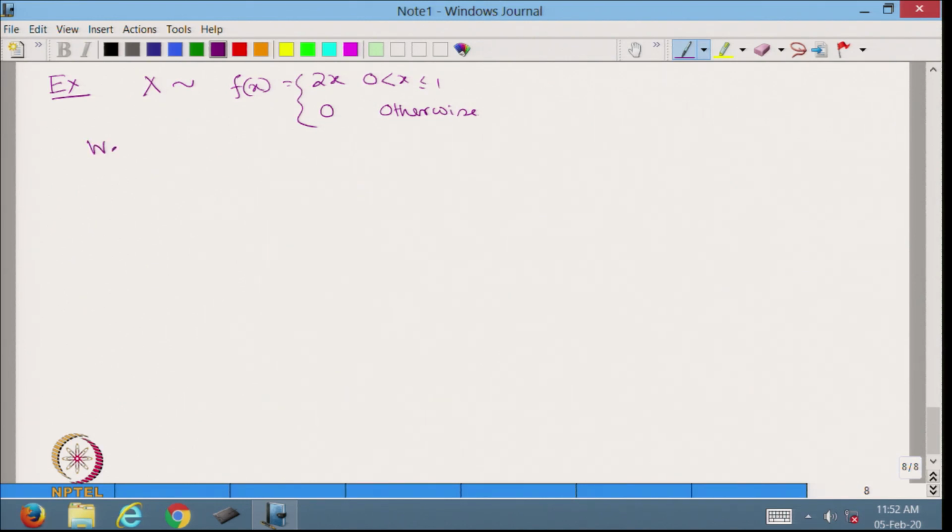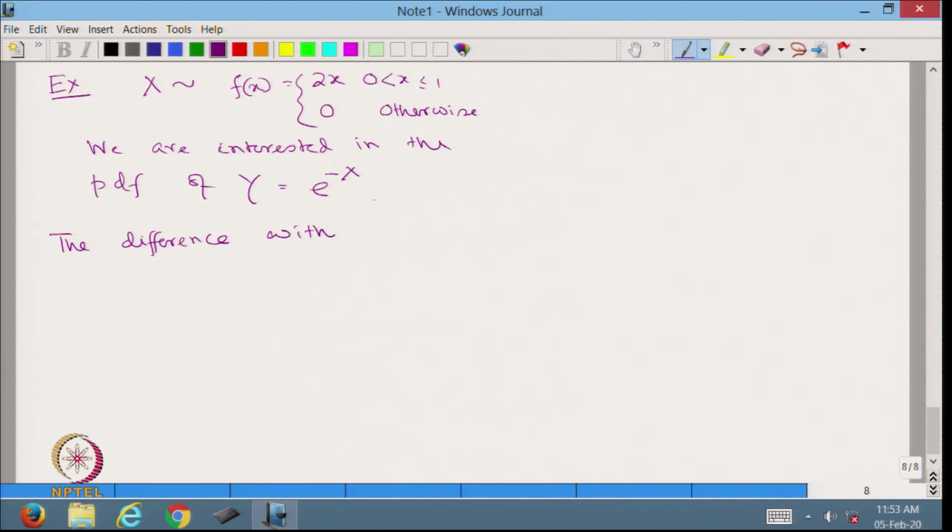And we are interested in the PDF of Y equal to e to the power minus X. The difference with the earlier example is that here h(x) equal to e to the power minus x is a decreasing function.